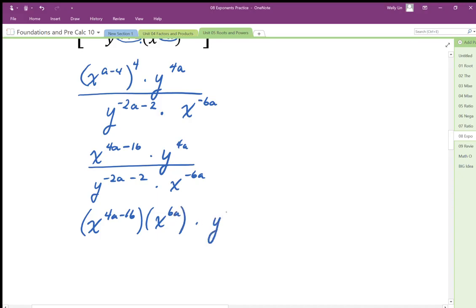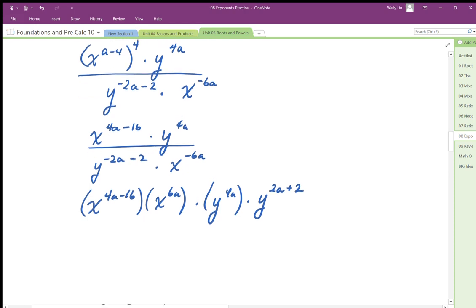This is y to the 4a times y to the, I'm going to change that divide to a times and change that divide to a times as well. Or the negative going into the numerator becomes positive. And there is no denominator anymore.